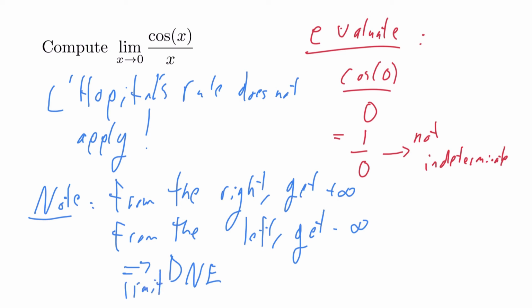So one might be tempted to say, apply L'Hopital's rule, evaluate, and get that the limit is 0. But that doesn't work here. We actually do not have an indeterminate form. We have 1 over 0, which is like infinity or negative infinity, depending on the sign of the term that's going towards 0.